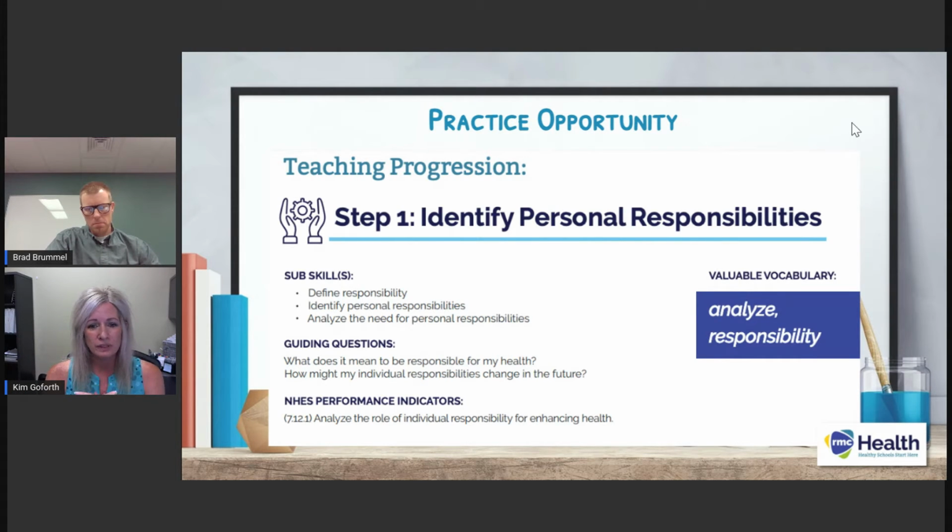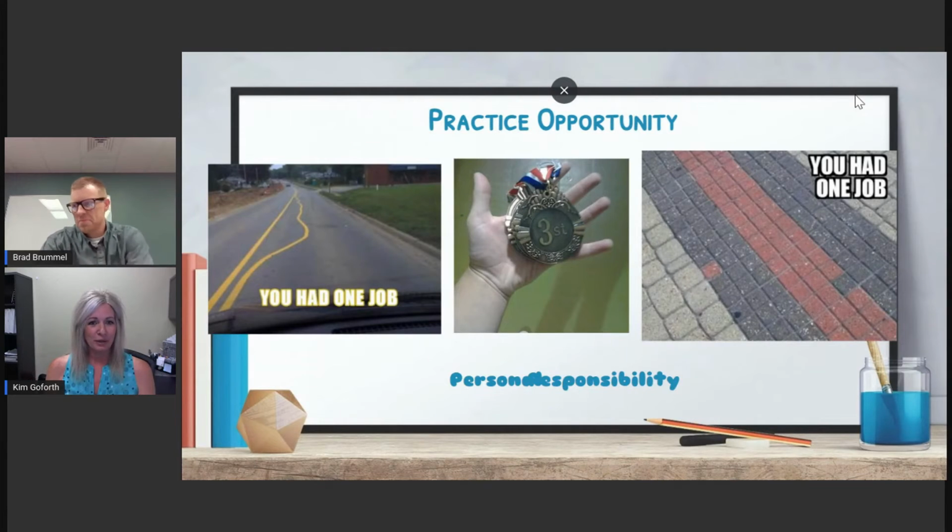And so when we think about giving kids practice opportunities through role play, we think back to those sub skills. And then I always think of the statement, you had one job. So you can open this conversation with what was this person's one job, and remember some of the tips and tricks that Brad shared: keep it narrow, keep it low stakes, so it's a little bit more safe.